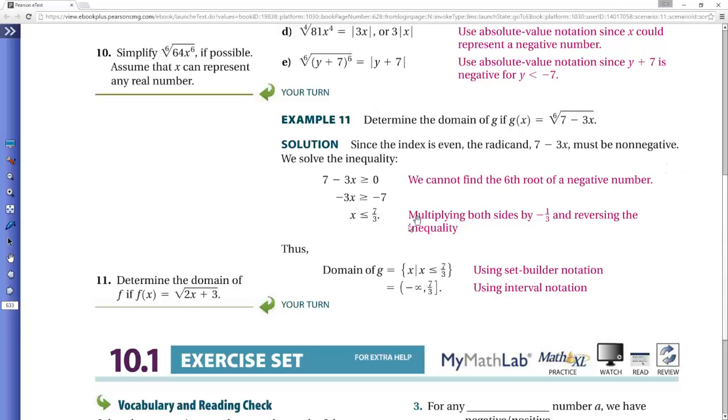So they make this radicand greater than or equal to 0, and then solve that for x to find out what values of x will work. In other words, I'm determining what range values will work. They express the domain in set builder notation, or here in interval notation.